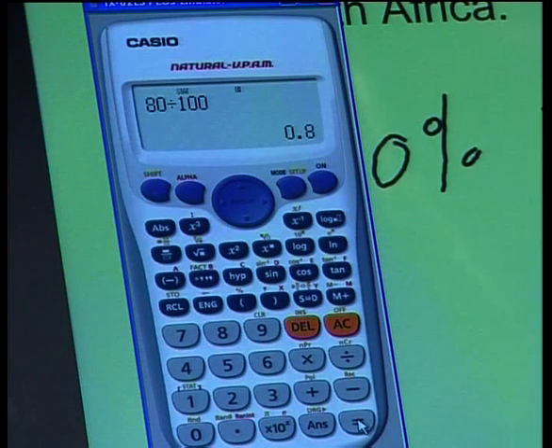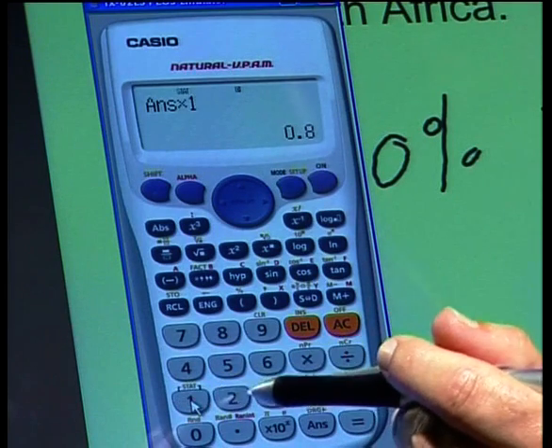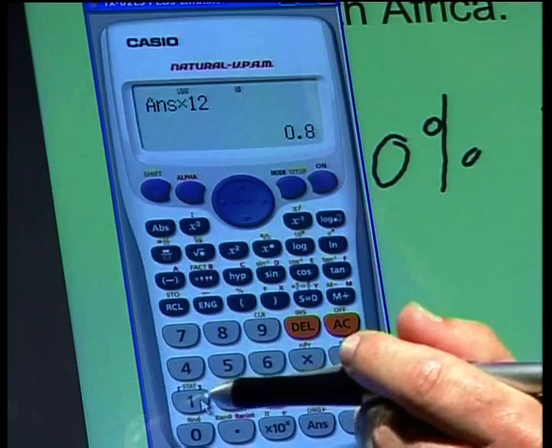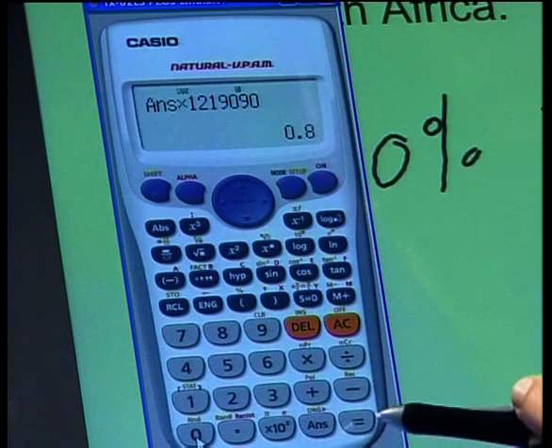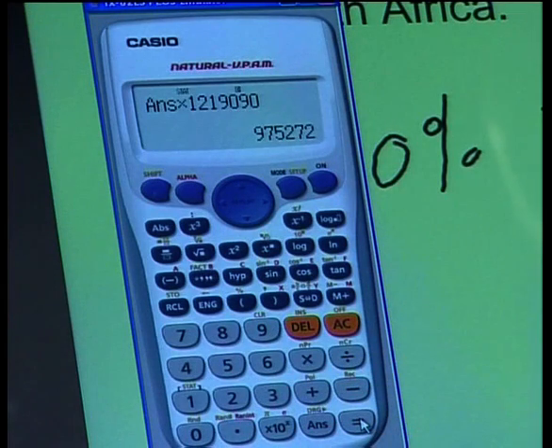Saying 80% of means we've got to multiply, so we press the multiplication, and we're going to multiply it by the previous answer, the total land area that we had found, 1,219,090 square kilometers. And there we have an answer, 975,272.